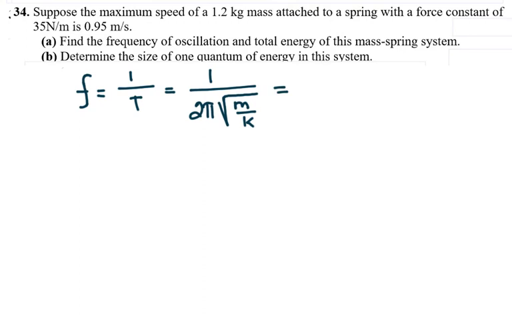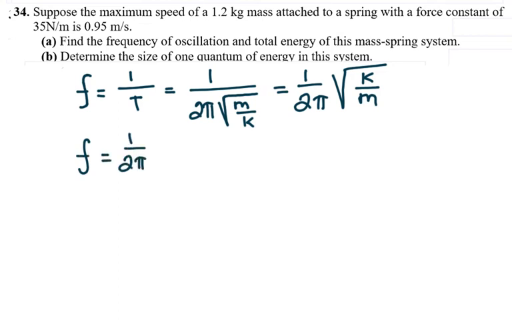If you simplify this, you have 1 over 2 pi times the square root of k over m. If I plug in my numbers, the frequency of this oscillation is 1 over 2 pi times the square root of k, which is given as 35, over the mass, which is given as 1.2. So that will give me 0.86 hertz.